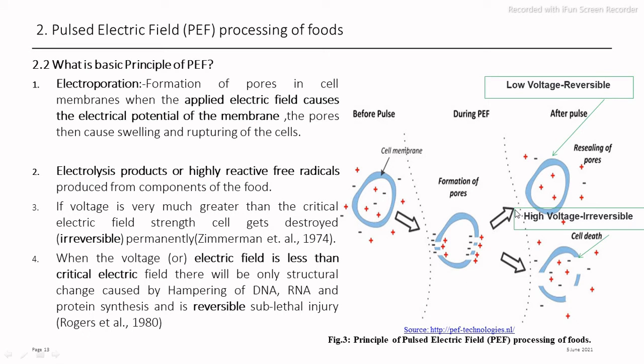In this picture you can see, if we apply the low voltage pulsed electrical field on the microbial cells, pores form and some of the intracellular substances are lost, but after that these cells reversibly close completely. Due to the loss of intracellular substances, however, the growth and reproduction of these cells is stopped.